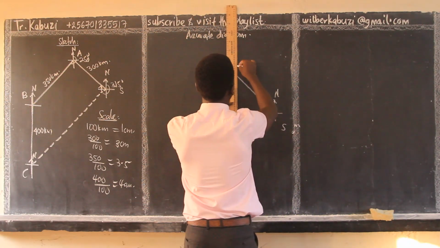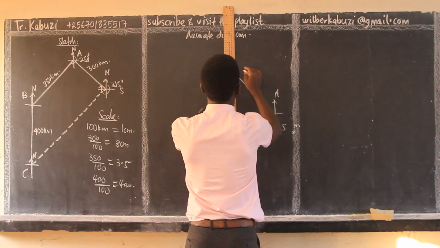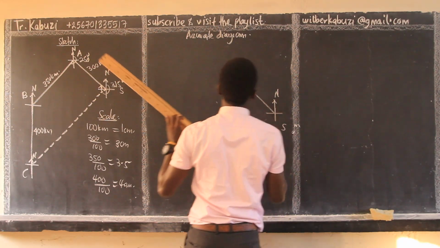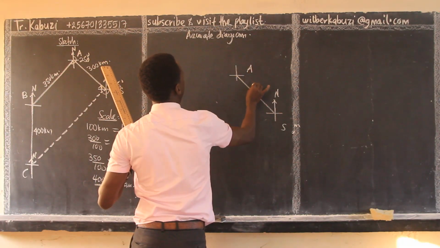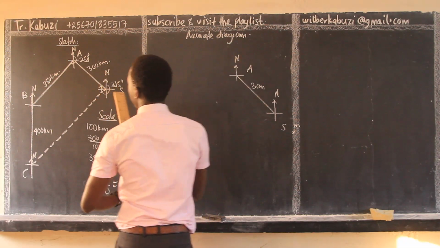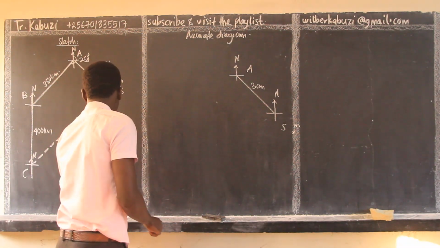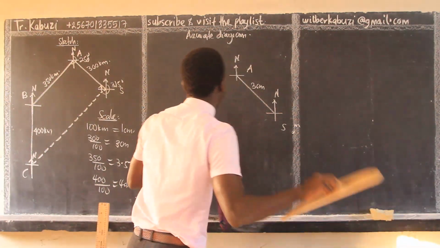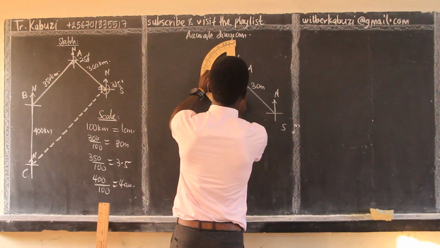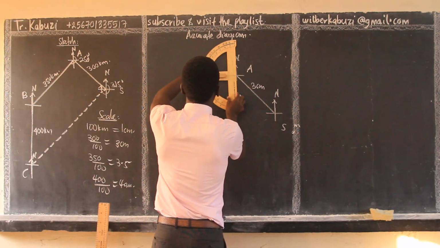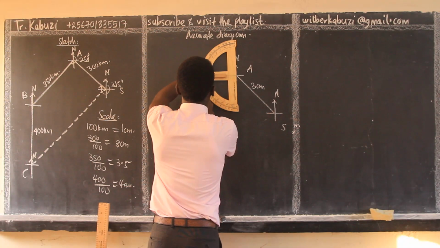So where I stop, immediately I drop my compass for the next. So this is now point A. This is 3 centimeters. This is my north. Then I measure the angle of 250 degrees, which is going to be probably around from here.